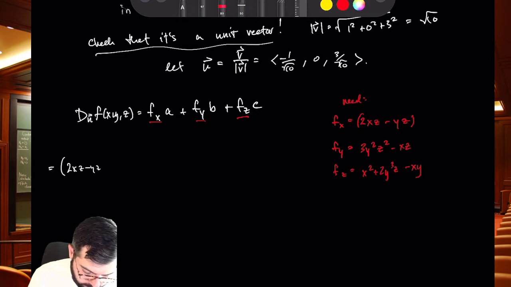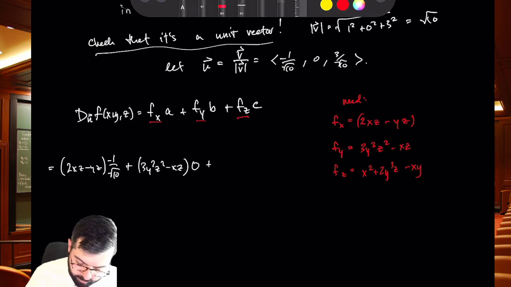2xz minus yz times a, which is negative 1 over radical 10, plus f sub y, which is this guy, times b, which is 0, plus this last one, x squared plus 2y cubed z minus xy times c, which is 3 over radical 10.